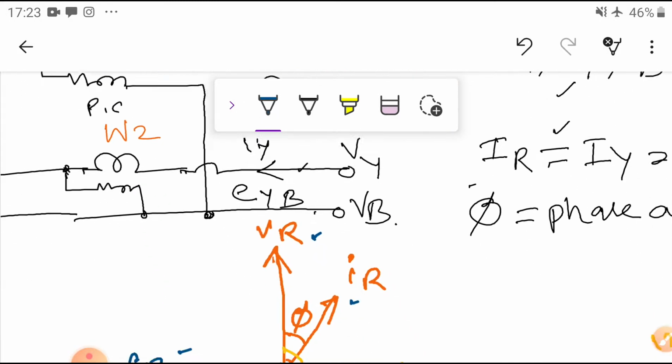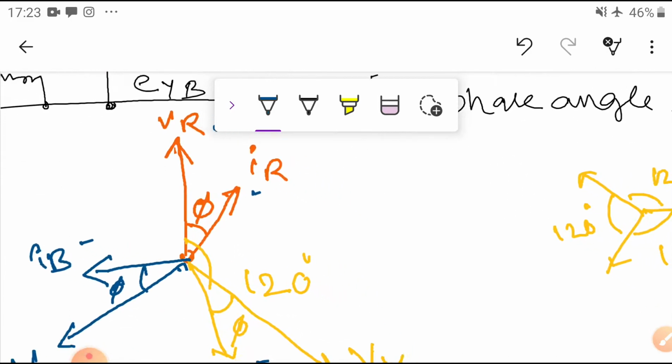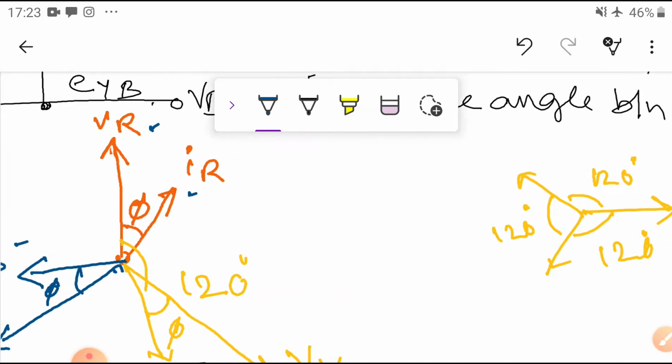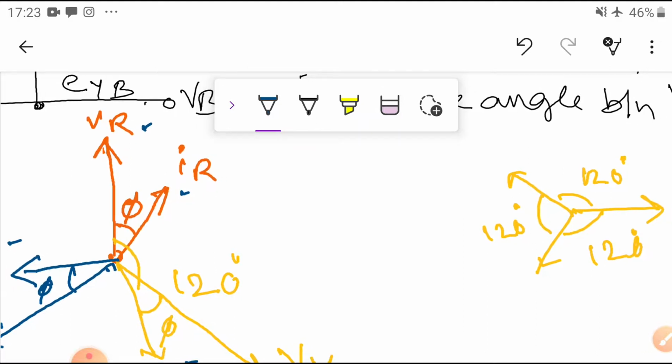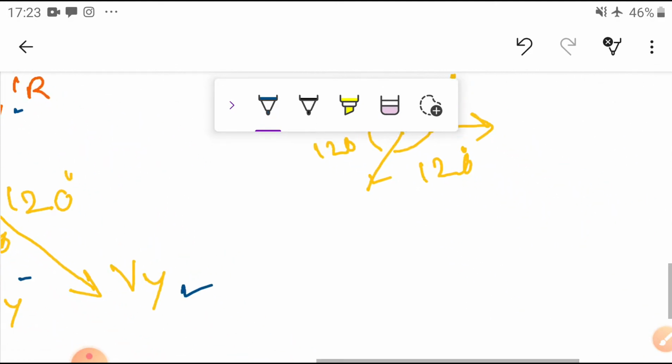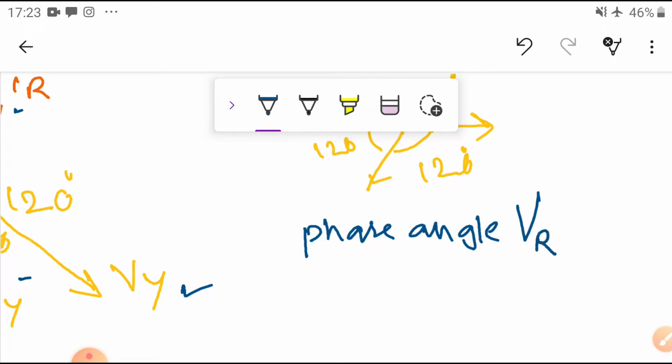Now the connection is, the pressure coil voltage is VRB and the current is IR. So I am going to write this, but there is no VRB in the diagram.